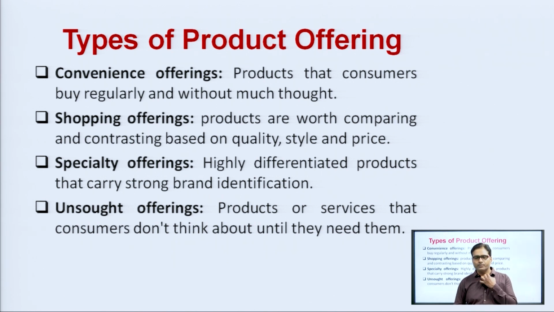Say if we are going to buy a washing machine, then washing machines are not purchased regularly or very frequently, but these offerings are differentiated from other products. Whether it is a washing machine or refrigerator or car, they are not purchased in a very frequent manner. Once in a while you purchase, in 5 years or say in 10 years.